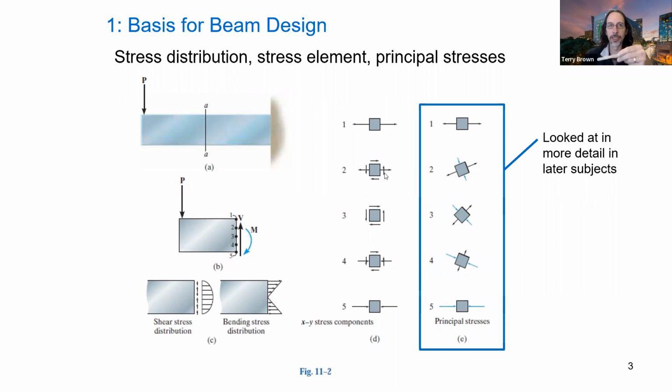And we can change the orientation of our coordinate system. If the paddle pop stick is the force and my fingers are the coordinate system, we change the orientation of the coordinate system and the components change magnitude, right? So if we had two components like this, we can find a resultant, or if we have two components like this, we can find a resultant. This is what we've done here with stress.